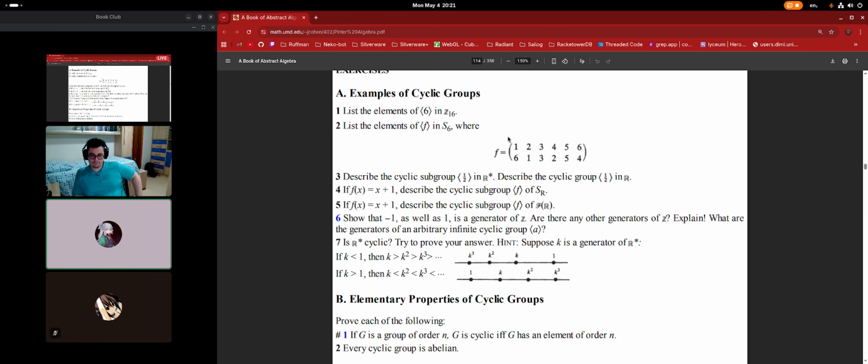Not really. This is mostly straightforward, although it is interesting to note that rational numbers and real numbers, if you believe in them, are not cyclic if you actually work through the A7 exercise. Well, in this case, it's the multiplicative group, right?